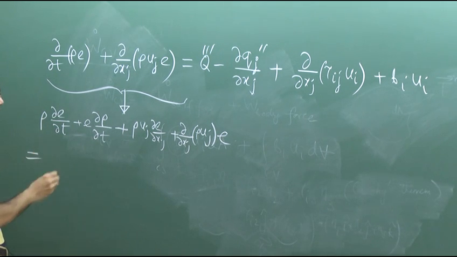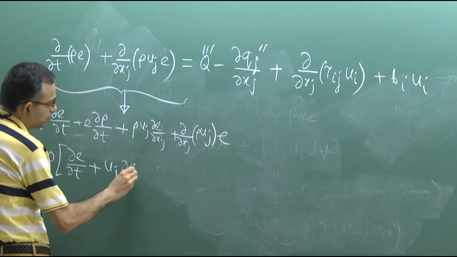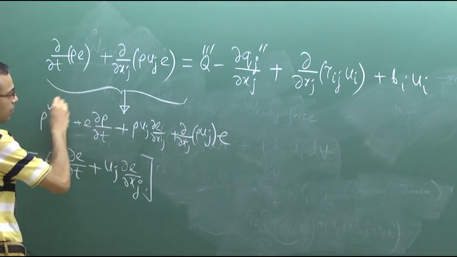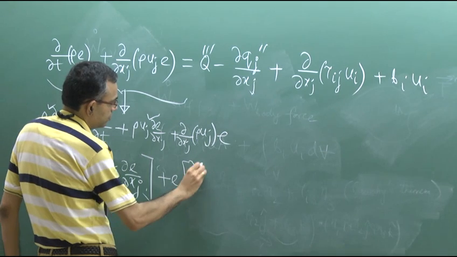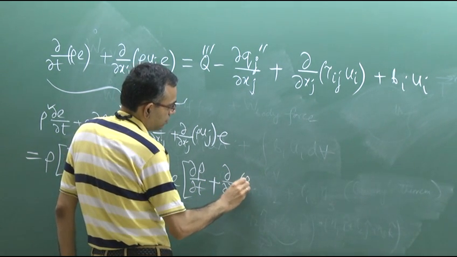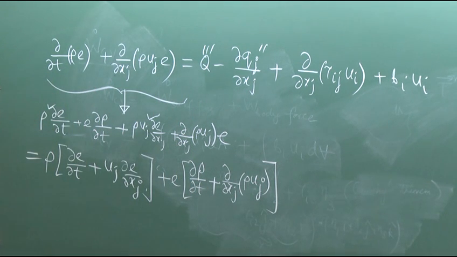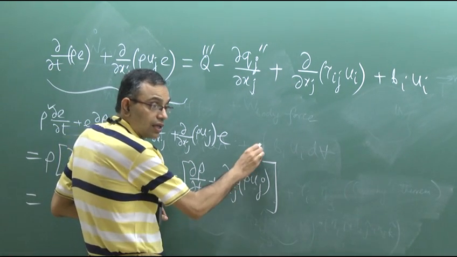Now, we can write this is equal to rho, by combining these terms, and plus E. So, this is 0 by the continuity equation.